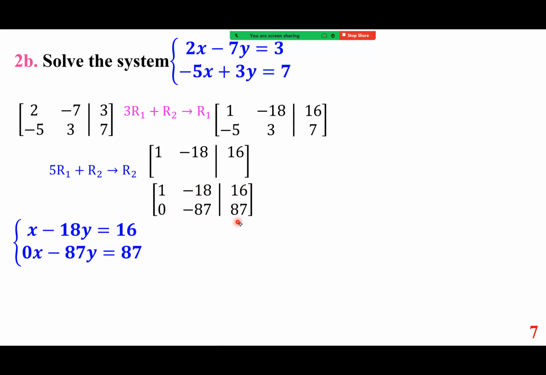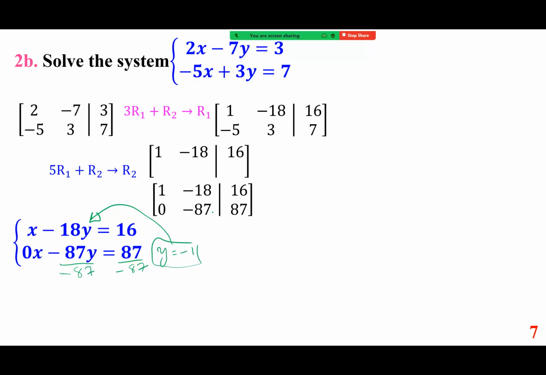And if you divide by minus 87, y becomes negative 1. You put it in here and you get x. So that's not a big deal. But I want to show you as far as the matrices are concerned.